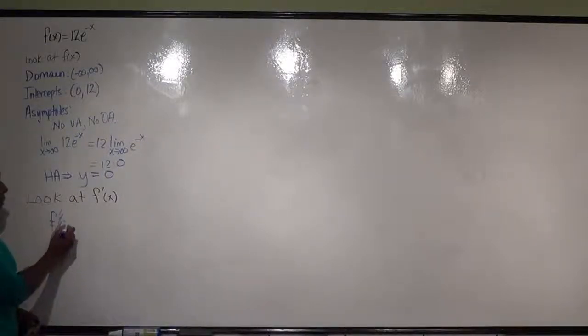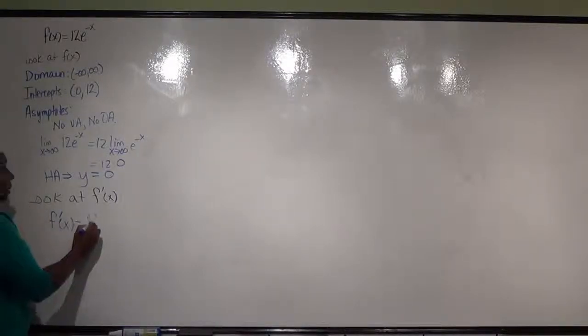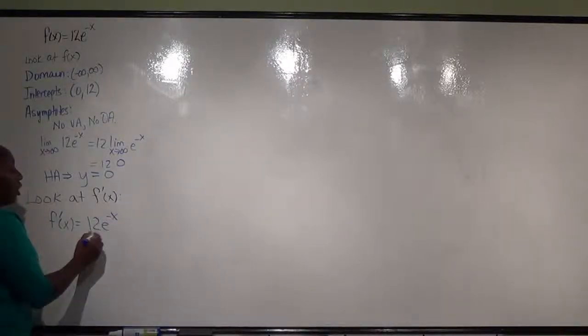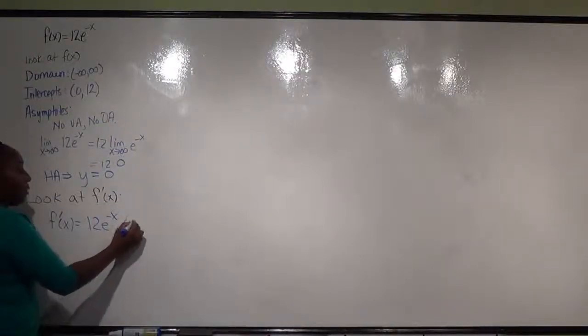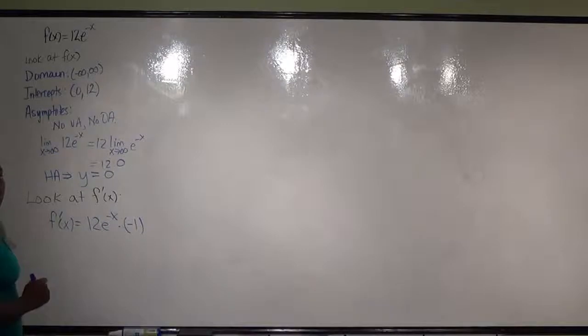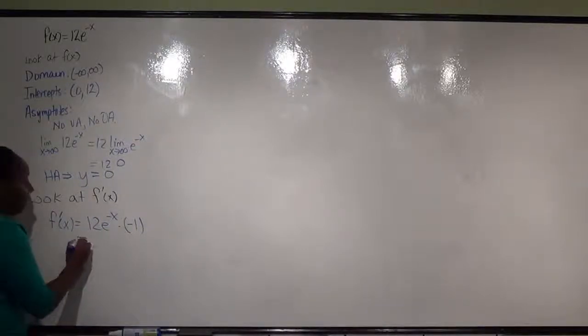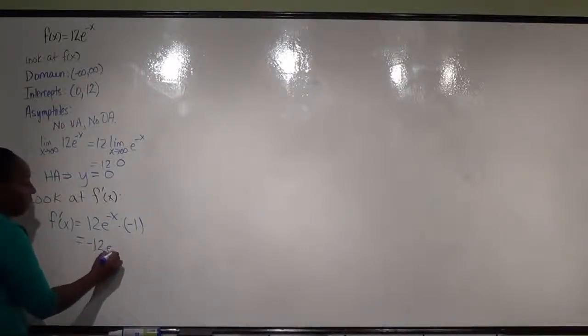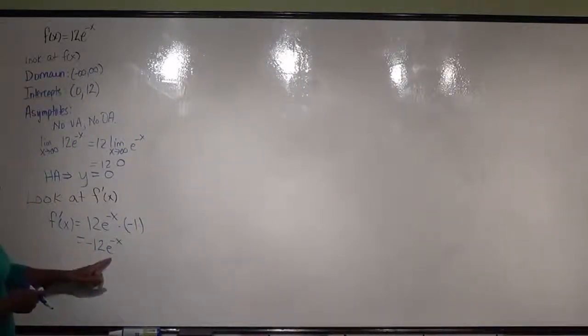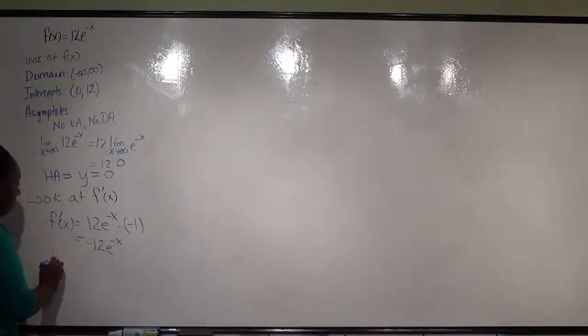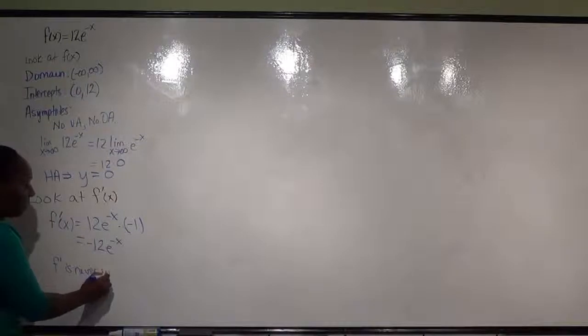So f prime of x looks like, well, 12e to the negative x is a chain rule, so it's itself times the derivative of the exponent, which is just negative 1. So here, this is going to be negative 12e to the negative x. There's our f prime. Again, notice this is just an exponential, so f prime is never undefined.